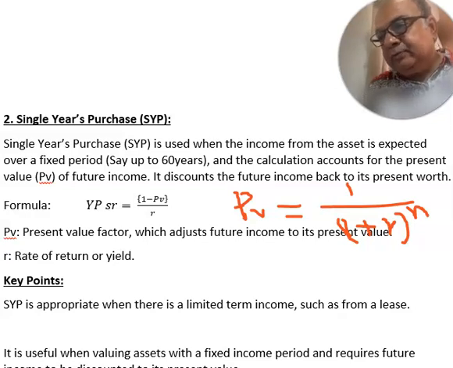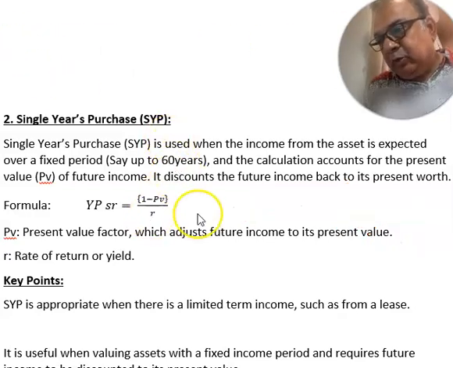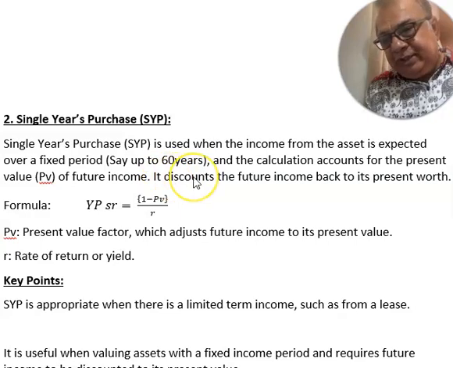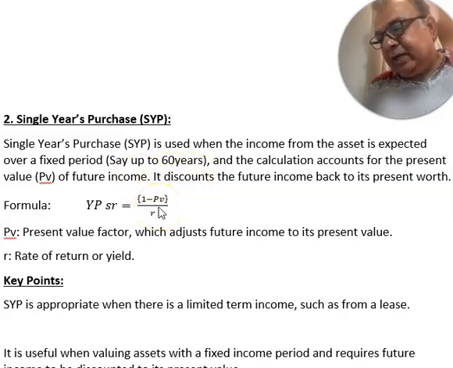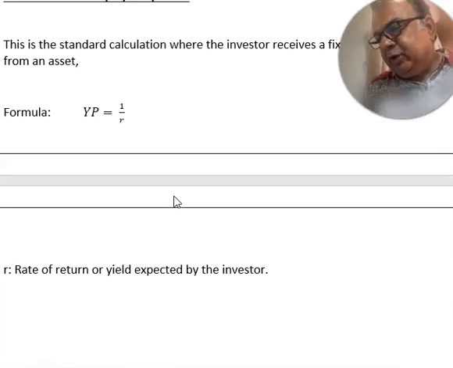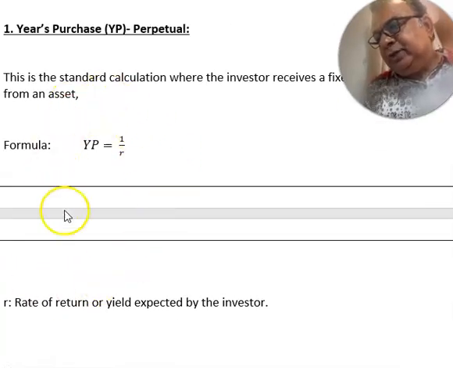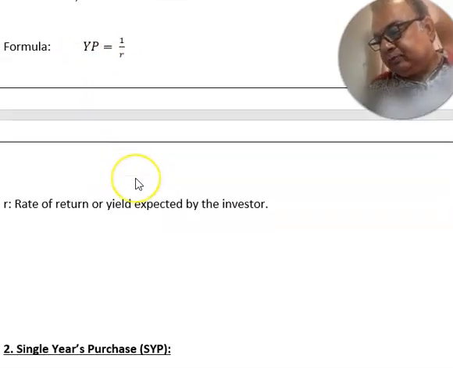This formula is calculated if the balance period is up to 60 years, say 30 years, 40 years, 50 years, 60. If the balance age of the building is more than 60 years, then we will calculate it using the formula that is called the year purchase perpetuity formula.